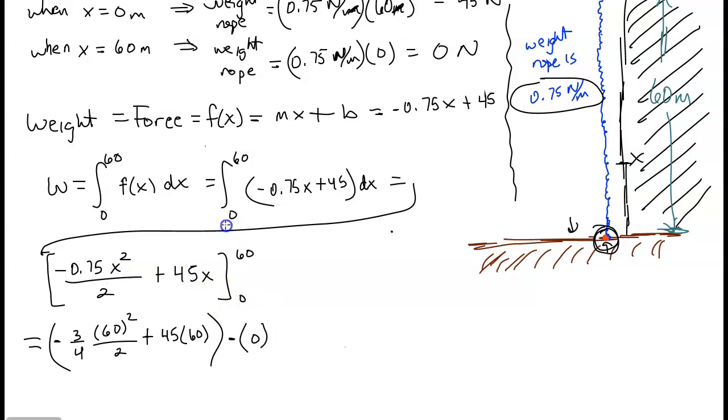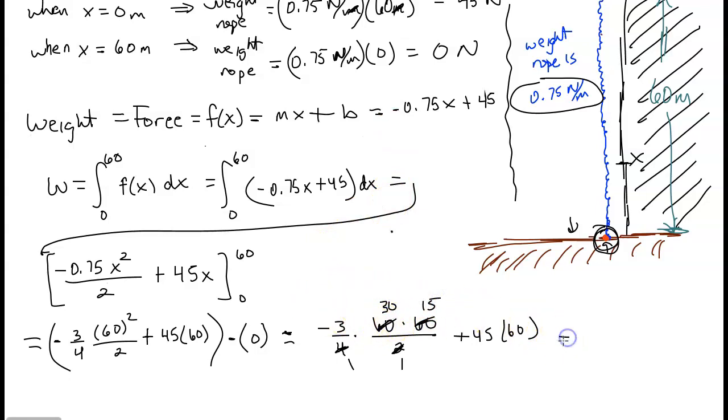All right. And so from here, if we work this all out, this will be minus 3 over 4 times 60 times 60 over 2 plus 45 times 60. And 60 divided by 2 is going to give me 30. 60 divided by 4 will give me 15.